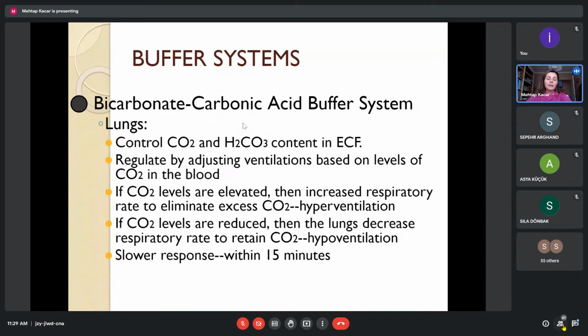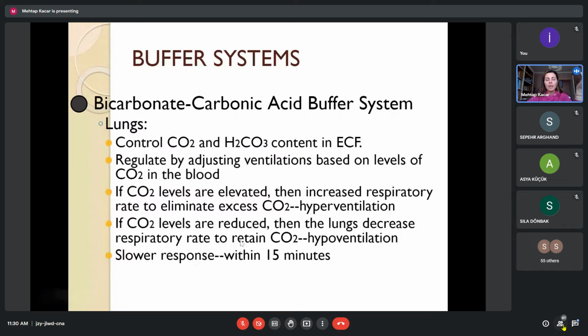In lungs, we control carbon dioxide and carbonic acid content in extracellular fluid. Because of the increased oxygen pressure, this reaction goes in the carbon dioxide and water dissociation direction, and it regulates our carbon dioxide level also because we exhale carbon dioxide.